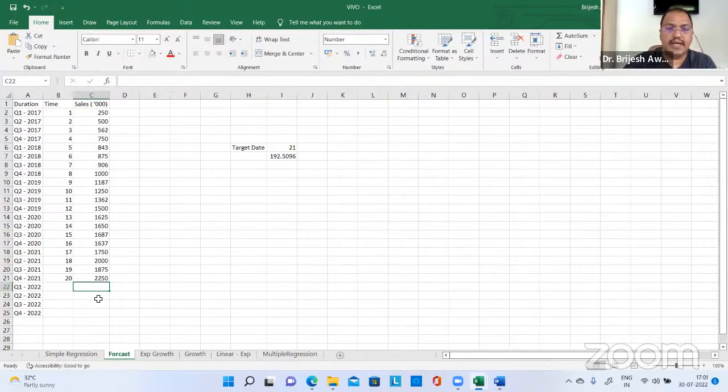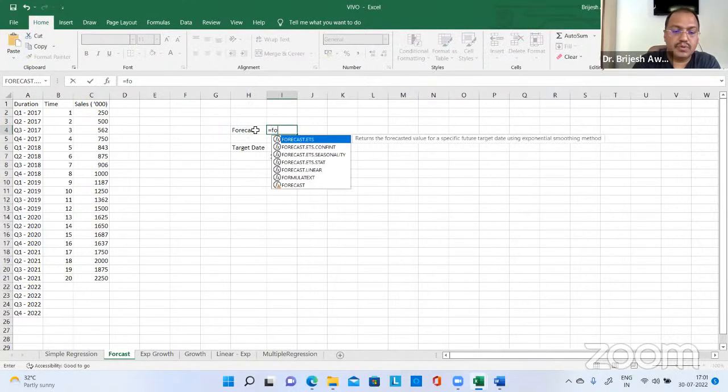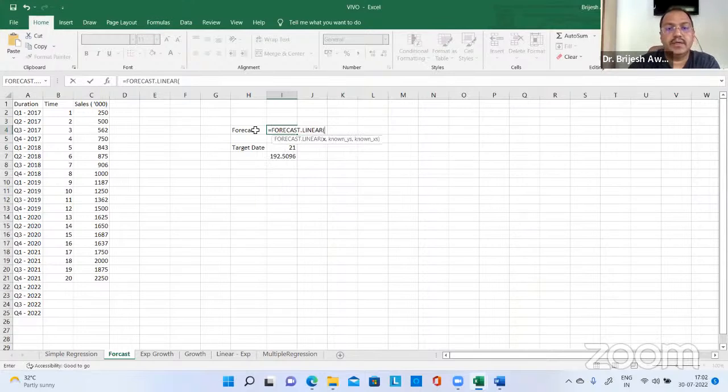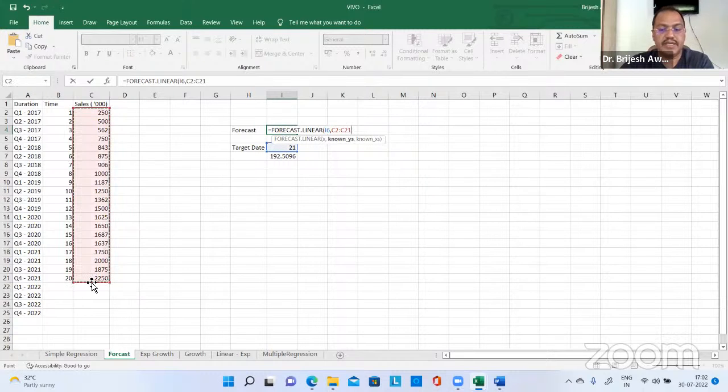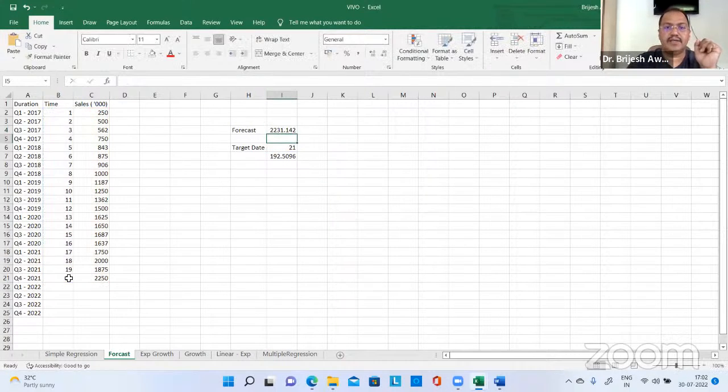And suppose I'm using linearity for forecasting. What is the forecast value? Equals to FORECAST.LINEAR. This is the value of X, this is my Y series, and this is my X series, and just enter.